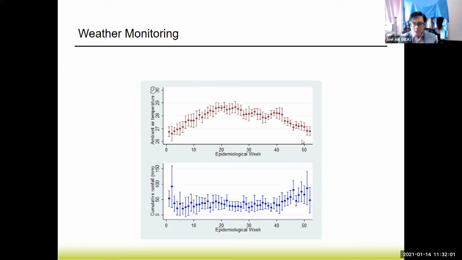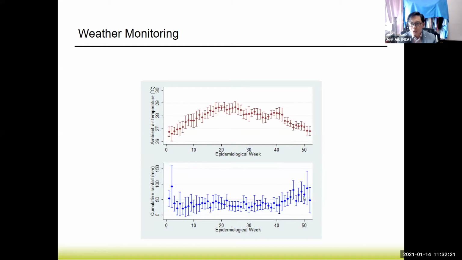So I'm just going to have this brief discussion just for a minute or two. How does temperature influence dengue cases? So we saw over here that temperature, okay, so rainfall. Miriam is saying that rainfall is not really related to cases.